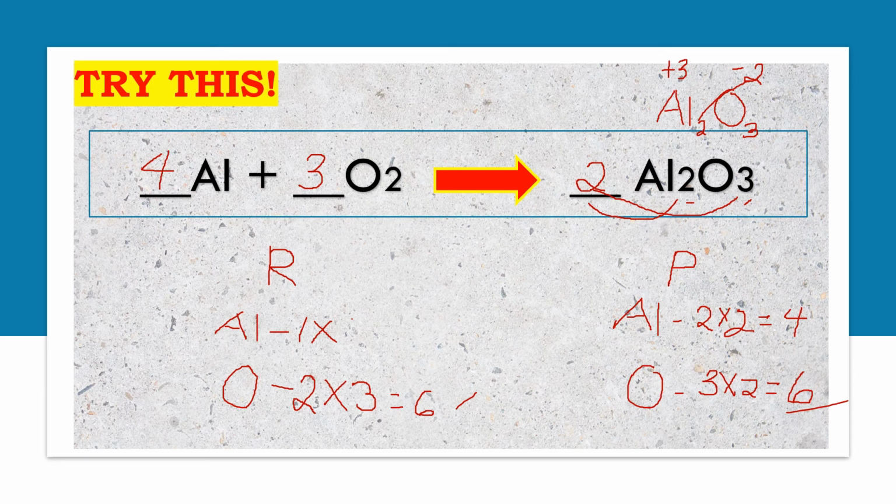So aluminum in the product side, rather, is 4. So 1 times 4 is 4. So let's check on the total. We have 4 and 6, 4 and 6 for a total of 10. And that's it. The equation is now balanced.